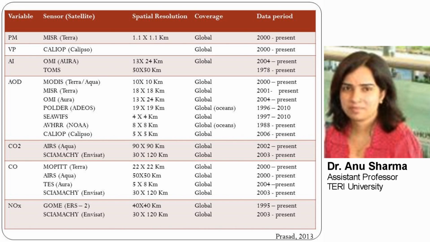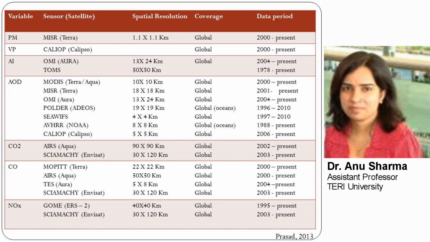So if I want to know whether aerosols are absorbing or scattering, then certainly OMI, the ozone monitoring instrument, which is also meant for monitoring ozone, can help me. The spatial resolution is obviously coarse, but the coverage is global, and data are available from 1978 till 2014, almost 30 years of data sets.